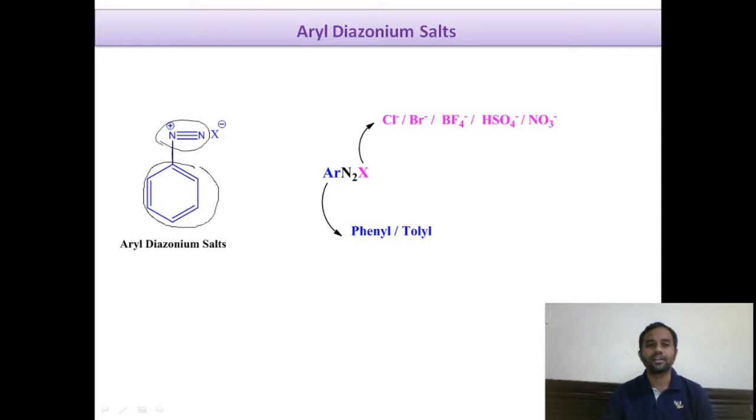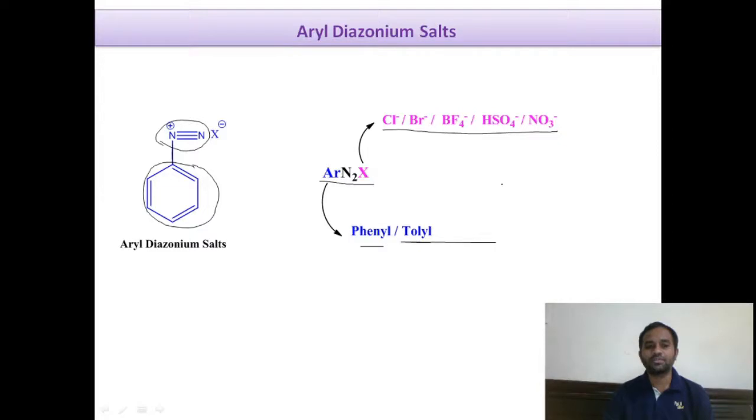This is called an aryl diazonium salt, and it is represented by Ar N2X. Here Ar stands for aryl group, it may be phenyl or tolyl, and X stands for any anion. It may be chloride, bromide, tetrafluoroborate, hydrogen sulfate, or nitrate, whatever it may be. So these are characterized by the presence of a diazo group on the benzene nucleus.